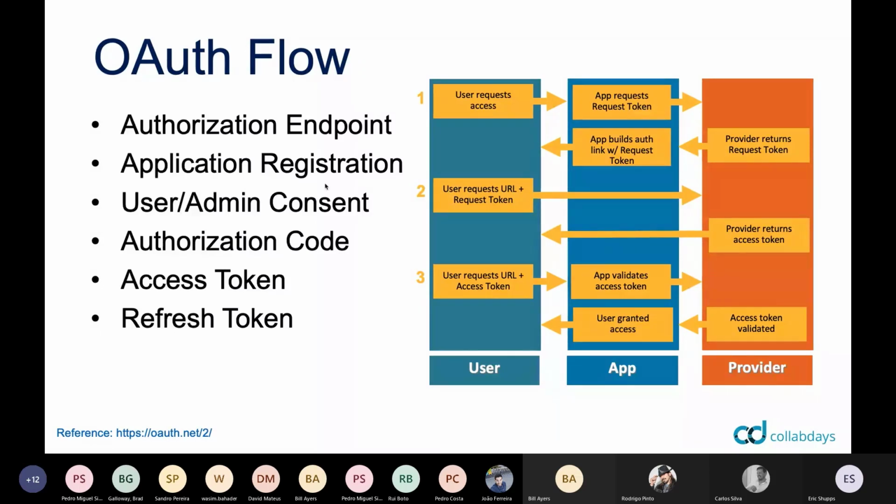And you have gone through either a two-legged or a three-legged OAuth flow to get there. And what's happening behind the scenes is the application is talking to the identity store, in this case, Azure Active Directory, and it's doing this token exchange.